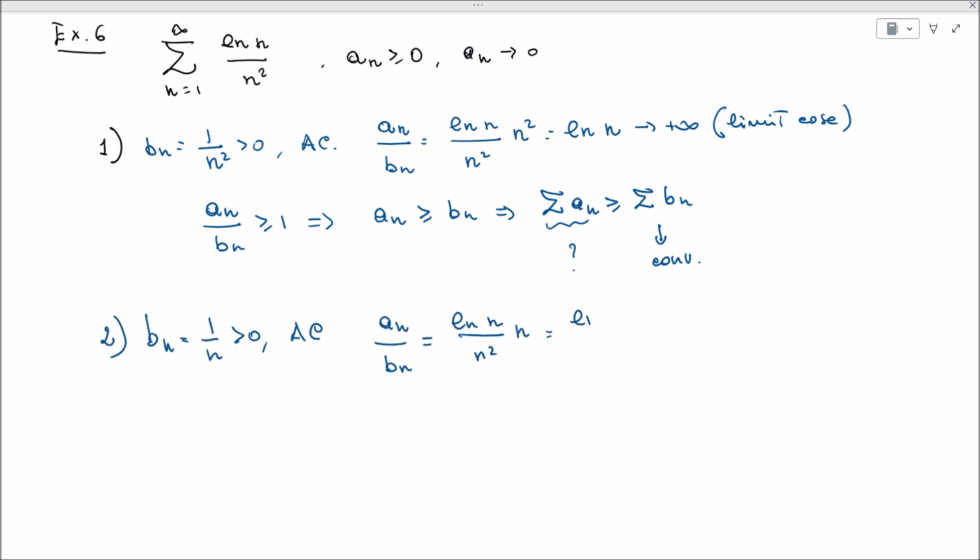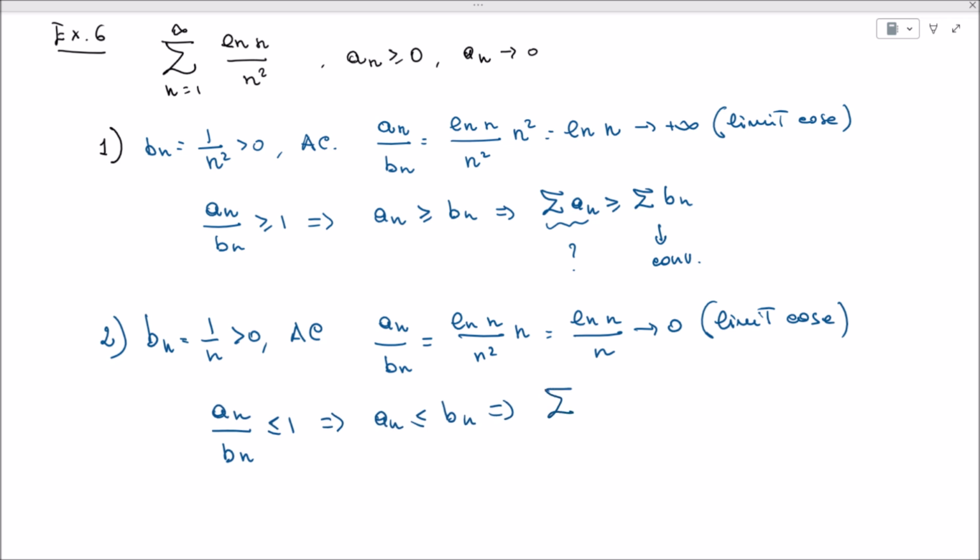So this is the logarithm of n divided by n, and we know that this will tend to 0 because this is another limit case. That implies that definitively an over bn will be less than or equal to 1, which means that an will be less than or equal to bn, and that implies that the partial sum of an will be less than or equal to the partial sum of bn, right?